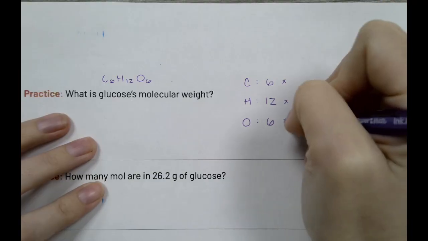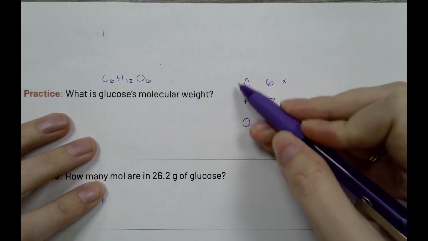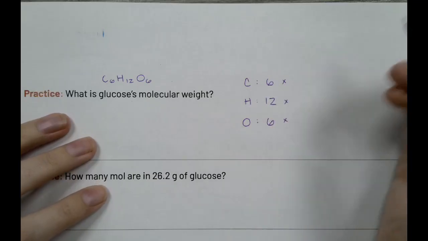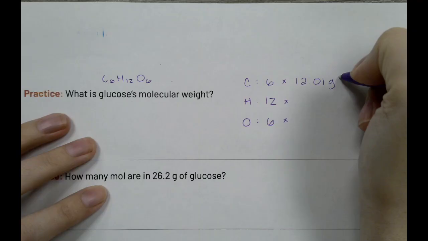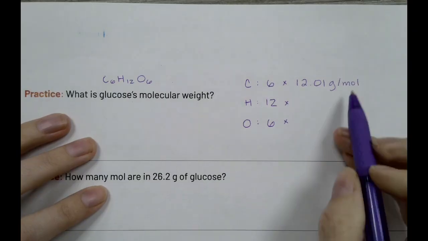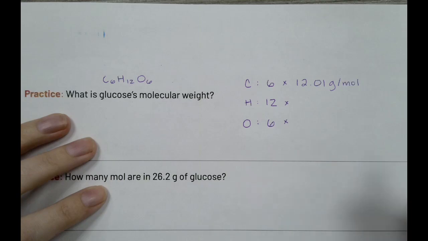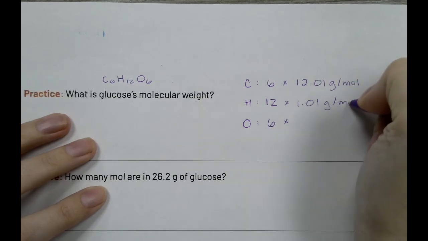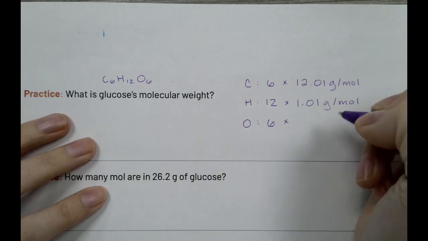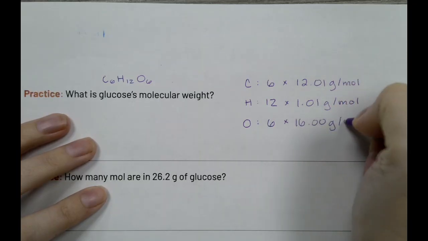So if you go to your periodic table, you can figure out how much a mole of each one of these elements weighs. Carbon weighs 12.01 grams for each mole, for each 6.022 times 10 to the 23rd atoms of carbon. Hydrogen weighs 1.01 grams per mole, and oxygen weighs 16.00 grams per mole.